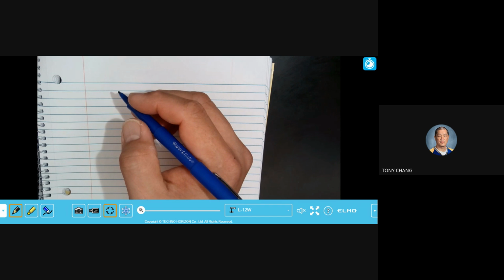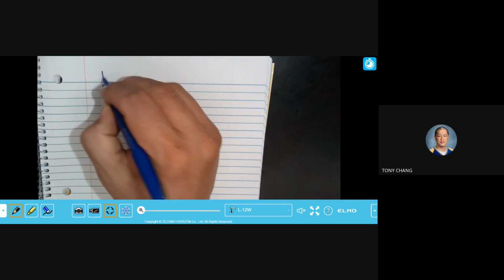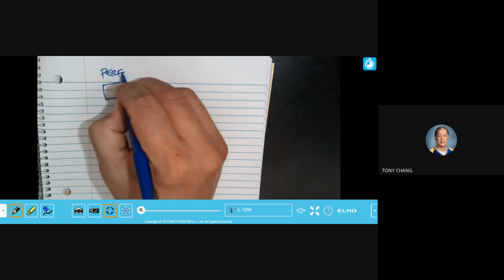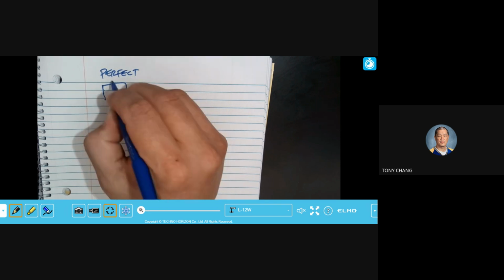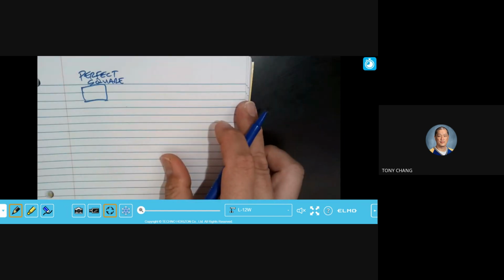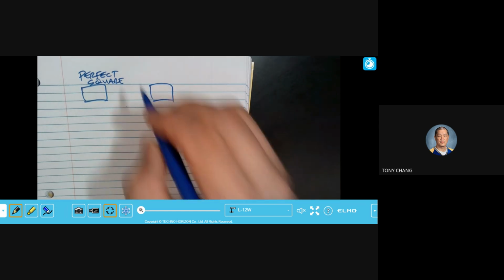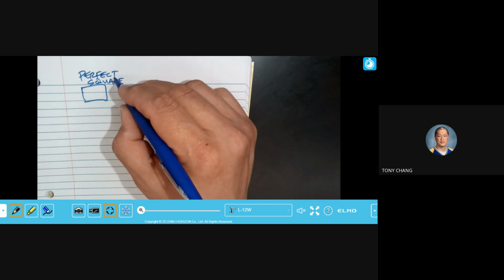All right, so going into this question: which of the following pairs of numbers represents a perfect square? The first number is a perfect square, and the second number is going to be its square root.